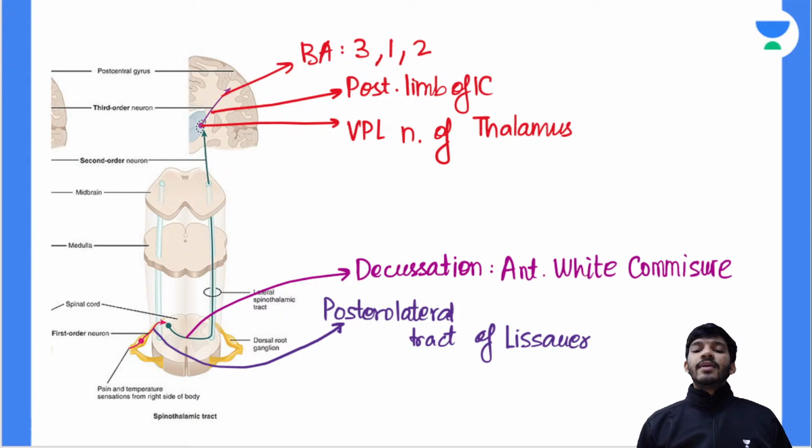Is that clear regarding the first order, second order, third order neurons for the anterior spinothalamic tract? Almost the same thing, and lateral spinothalamic tract. Okay? So they are going to synapse with the second order neurons. They are going to decussate in the anterior white commissure, and they are going to ascend. ठीक है?